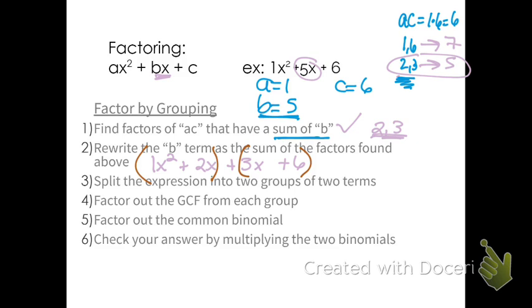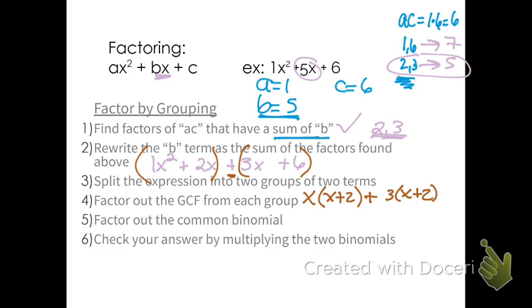Find the GCF. 1x squared and 2x has a GCF of x. And when I factor out the x, I'm left with this. And then, copy this plus sign, the 3x plus 6 has a GCF of 3. And when I factor out the 3, I'm left with an x plus 2.